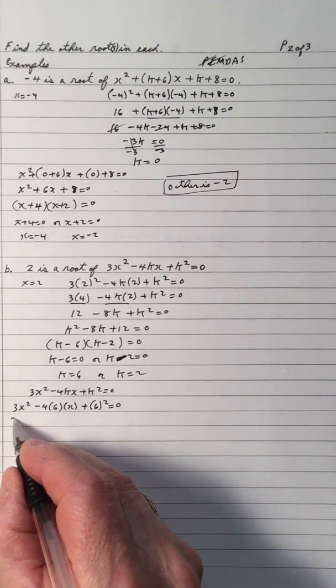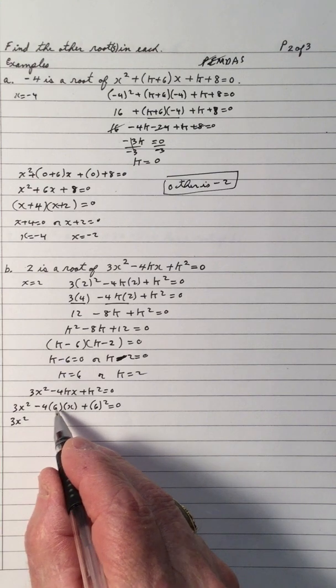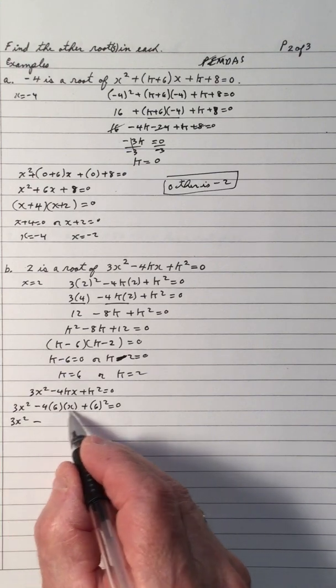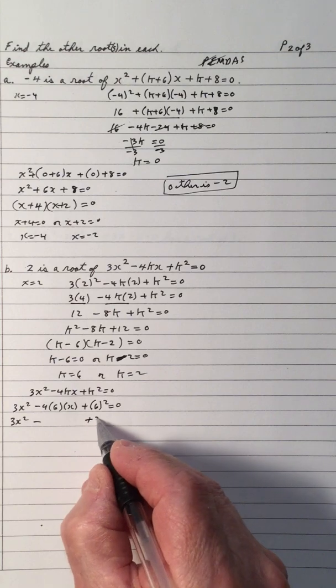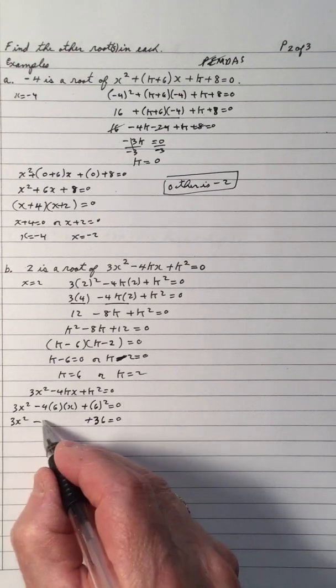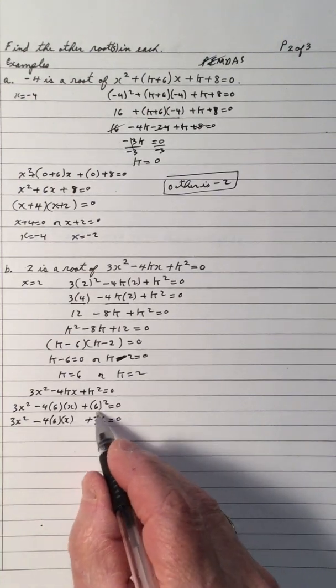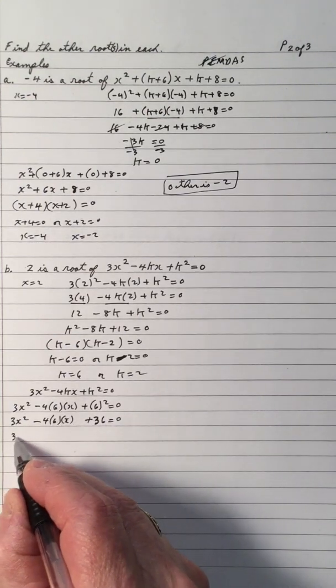Done. So now I'm going to simplify. So I got 6 in for k. So multiply right on through, or I can do my power first. It's 36. And I could leave this alone. Now I got my exponent done. I got to multiply.